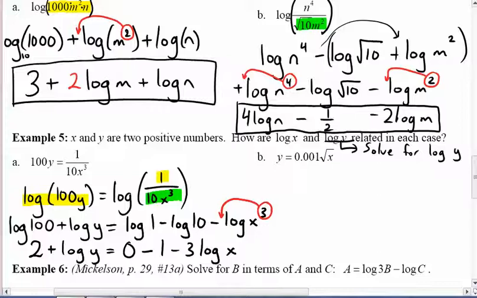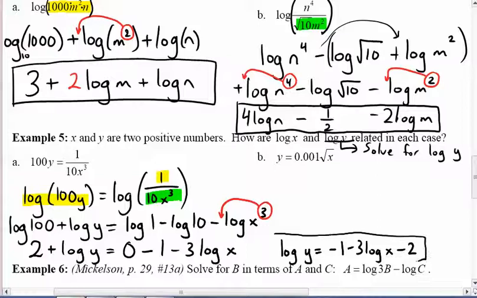So now if I move the 2 to the other side by subtracting, I get log y equals negative 1 minus 3 log x minus 2. Or negative 3 minus 3 log x. So you can simplify it by putting those like terms together.